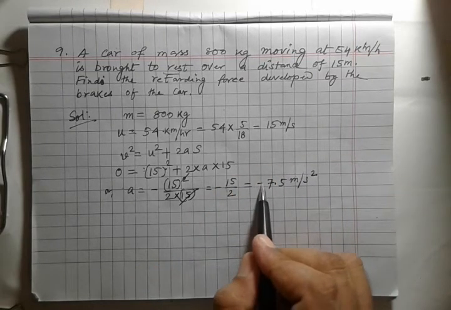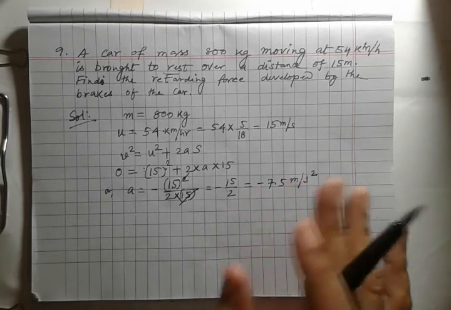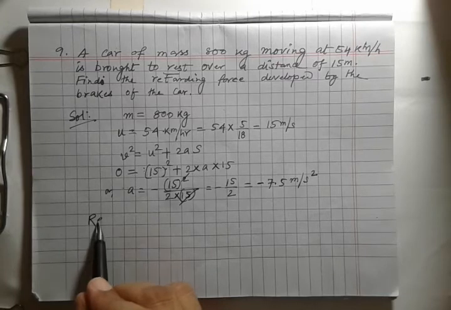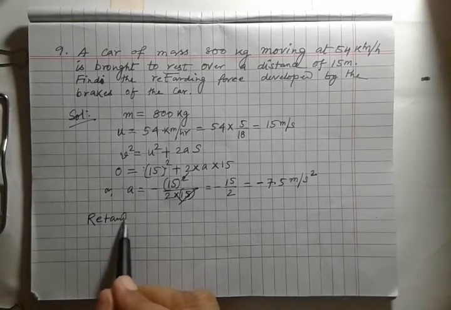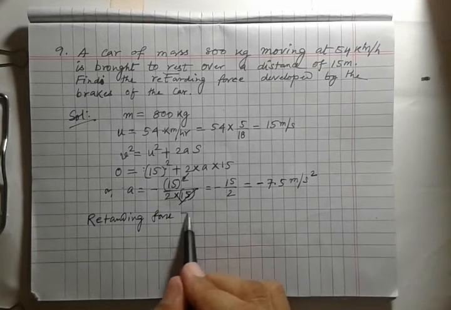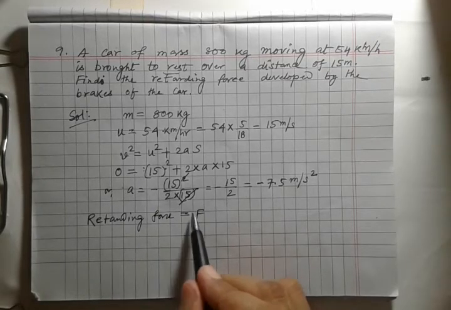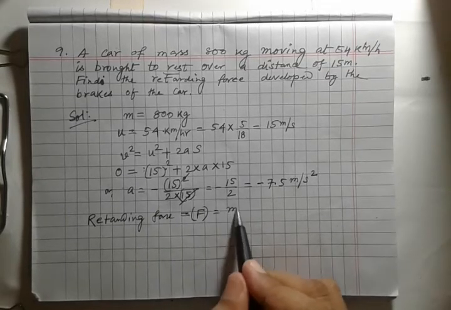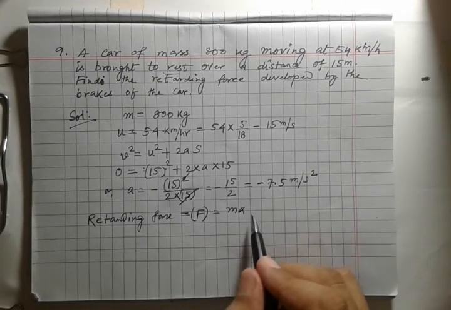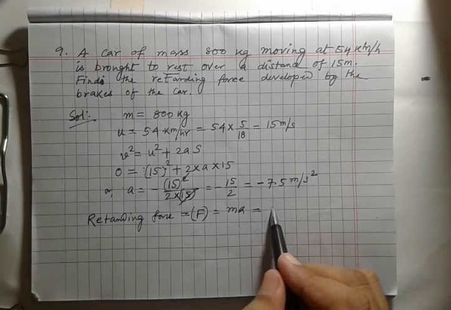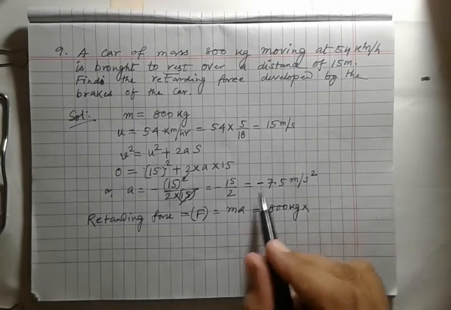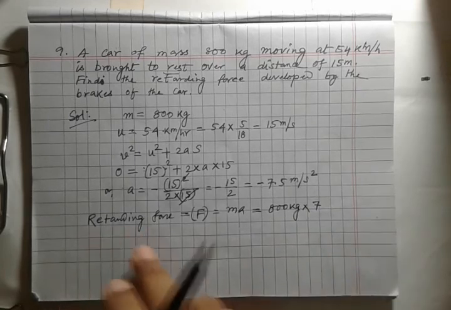Minus symbol is denoting this is retardation. Now what is the retarding force? The retarding force will be directly F equal to m into a, because the minus symbol means retarding, it will work in the opposite direction, that's all. m is 800 kg. This one no need to put minus because I have written retarding force here.